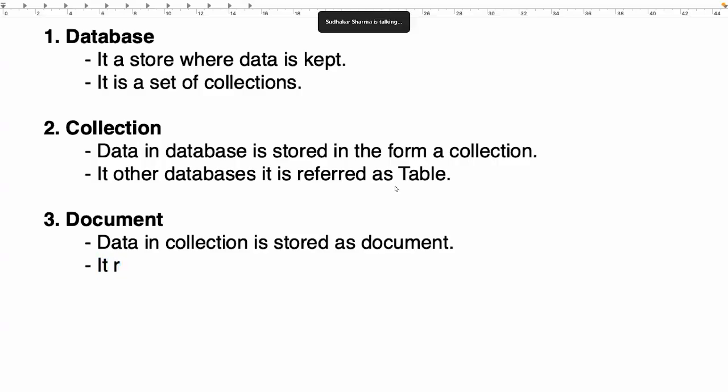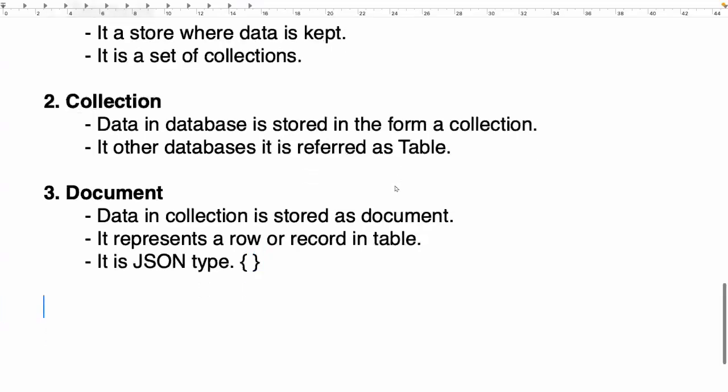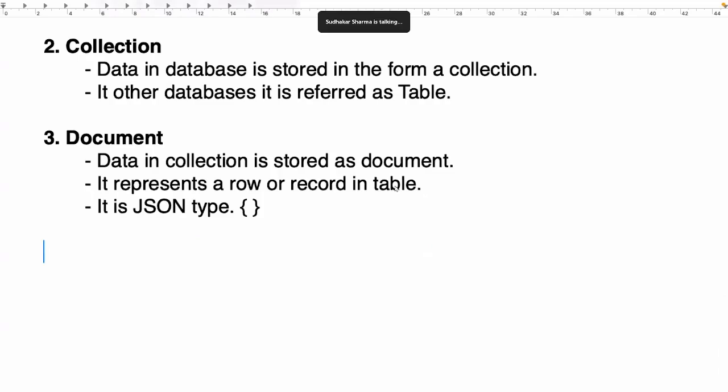It represents a row or record in a table. Understood? Generally inside a table, data is stored in a row, and that row here we call a document. It is just like JSON, a JavaScript object. But actually it is technically called BSON, which you will see.